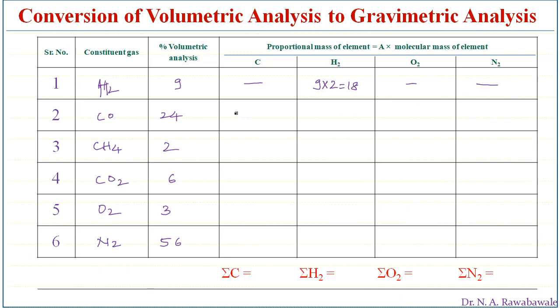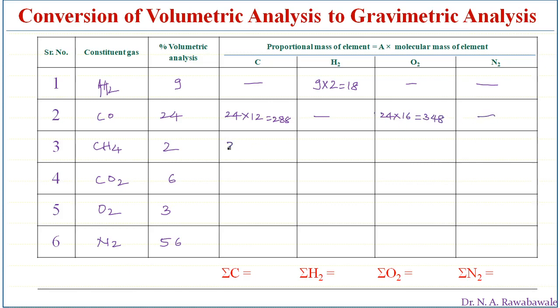Here 24 is the volumetric analysis of carbon monoxide. 24 into the molecular mass of carbon, 12, works out to be 288. There is no role of hydrogen, but oxygen has a role. 24 into the molecular mass of oxygen, 16, gives 384.